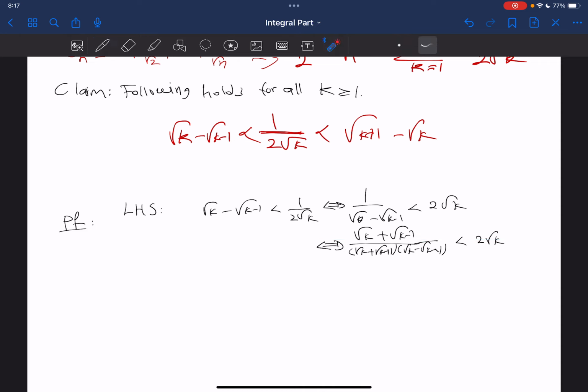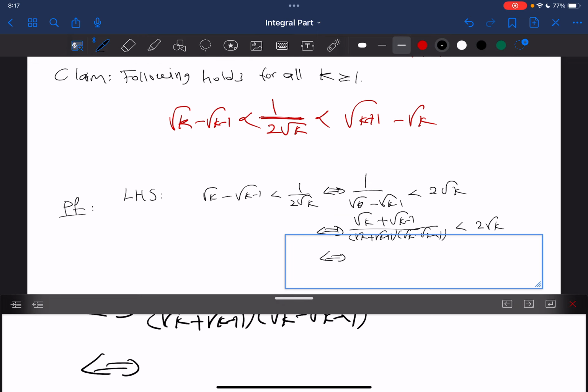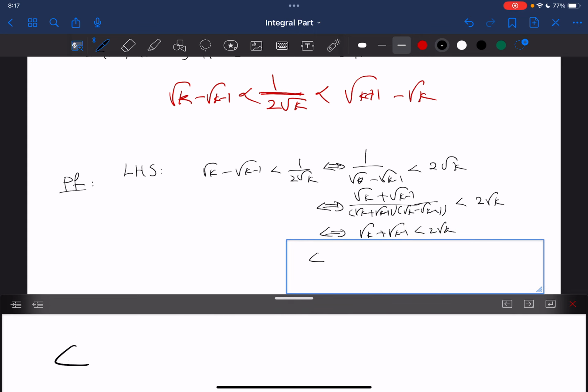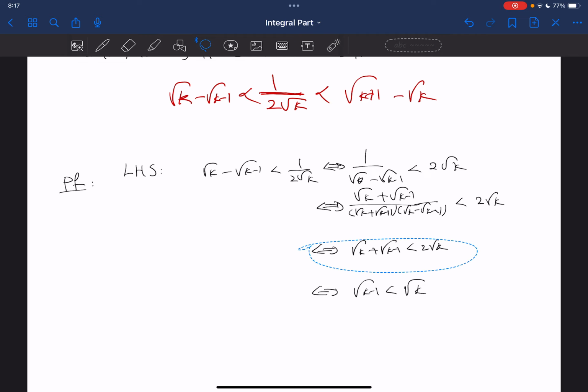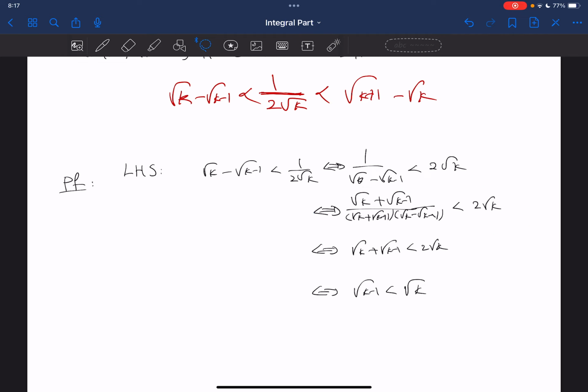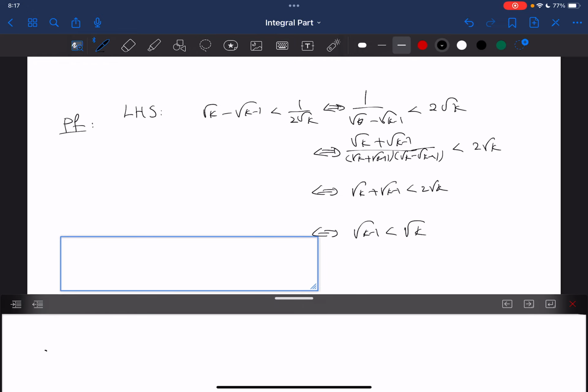I just multiplied both the denominator and numerator with this value. And this is true if and only if root k plus root k minus 1 less than 2 root k. And this is true if and only if root k minus 1 less than root k. Correct? So this is a proof for the left-hand side, and the proof of the right-hand side follows similarly.